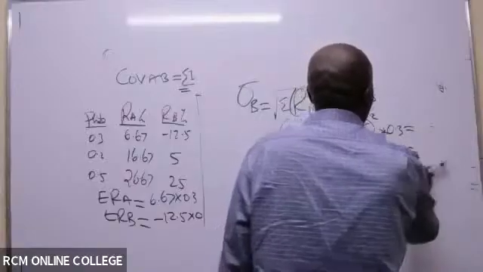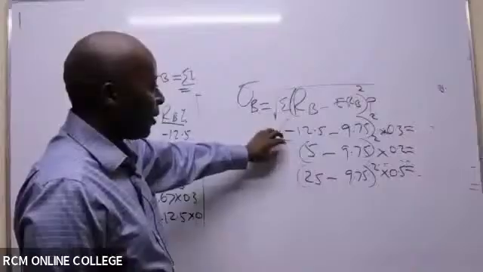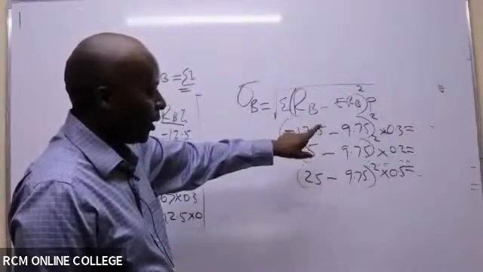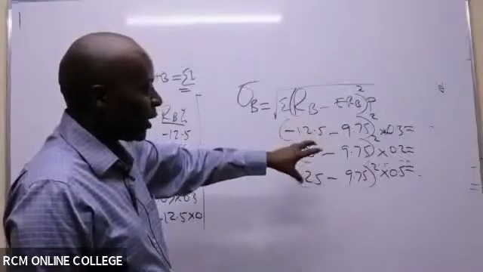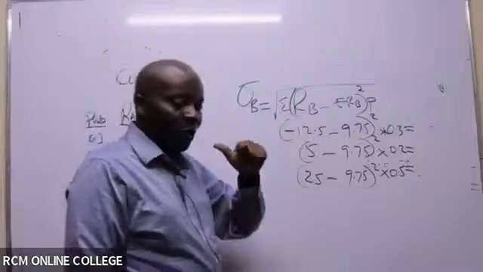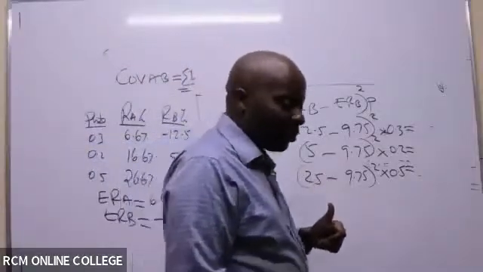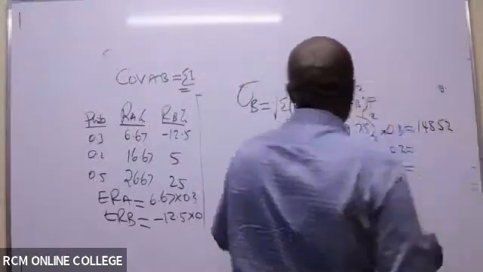So then you should be able to do what here? Open brackets, minus 12.5, minus 9.75, you square, times 0.3. You give me an answer. And if you're not able to get an answer, it's my role to show you. You should be able to tell me, Mwalimu, sijapata answer, please show me how you got it. 148.52. So 148.52, and then you go for the second one.